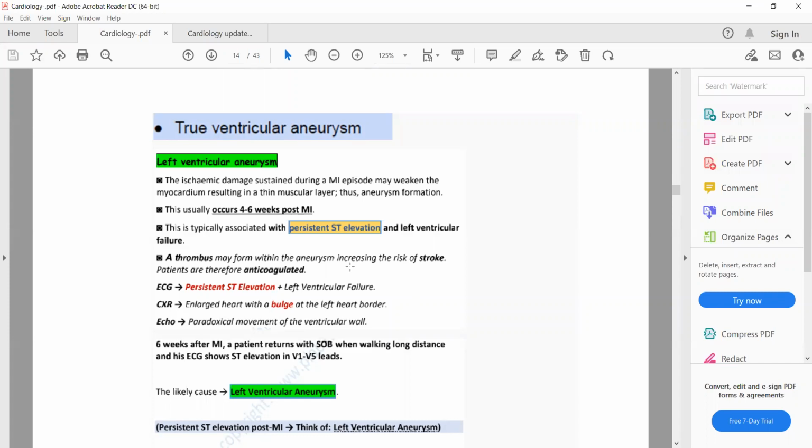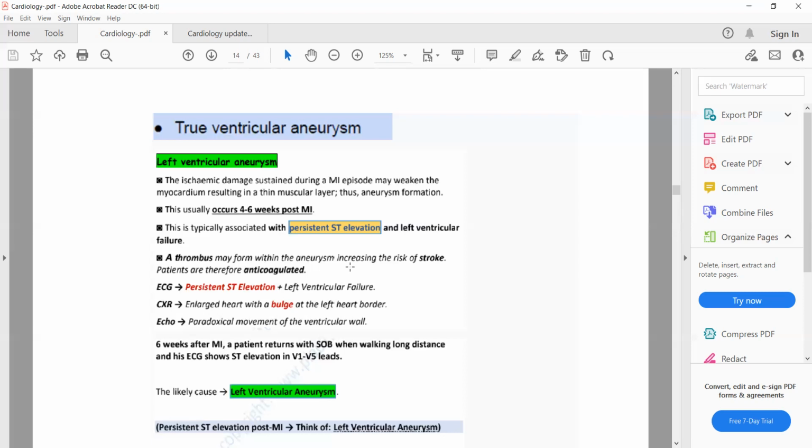Remember that a thrombus may form within the aneurysm, and whenever a thrombus is formed in the heart, such as in atrial fibrillation or in ventricular aneurysm, there is an increased risk of thromboembolism. The thrombus can travel to the brain, which will result in stroke. It can travel to the limbs, which will result in acute limb ischemia.